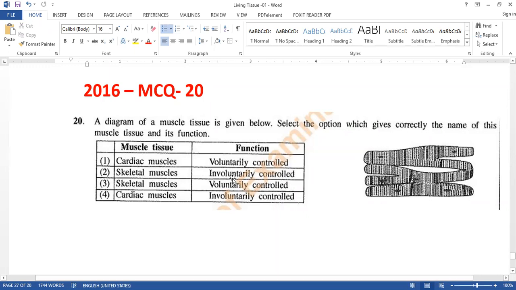Is the cardiac muscle function voluntarily controlled or involuntarily controlled? Cardiac muscle tissue is involuntarily controlled, simply right? So this is what the past paper question.